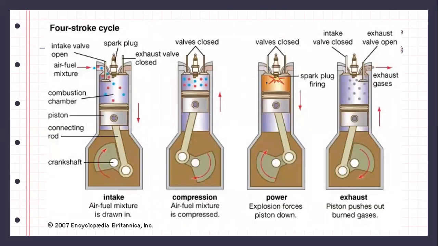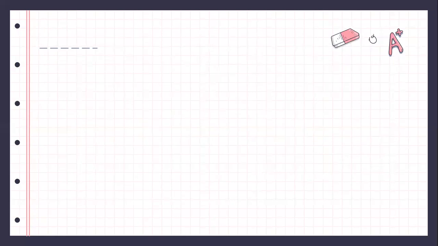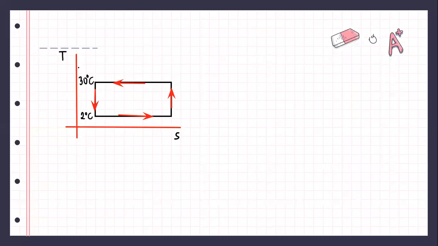Okay, now for the solution. Now for the figure. For the TS diagram, we have 2 degrees Celsius, 30 degrees Celsius, and states 1, 2, 3, 4. Now, what are the given?